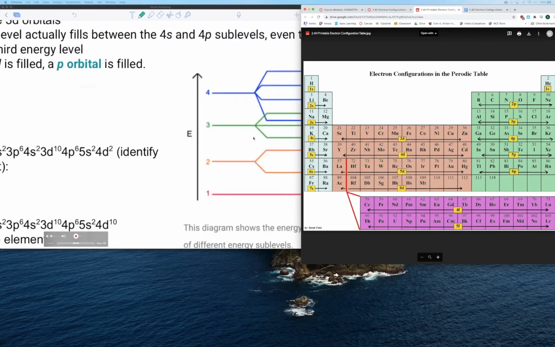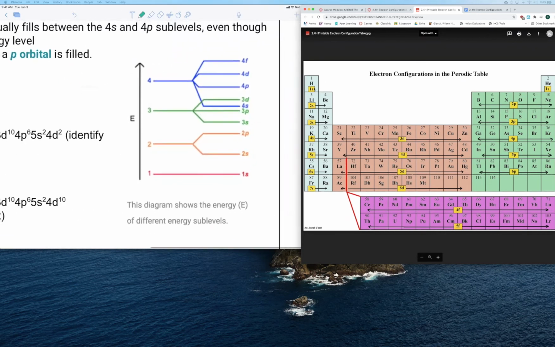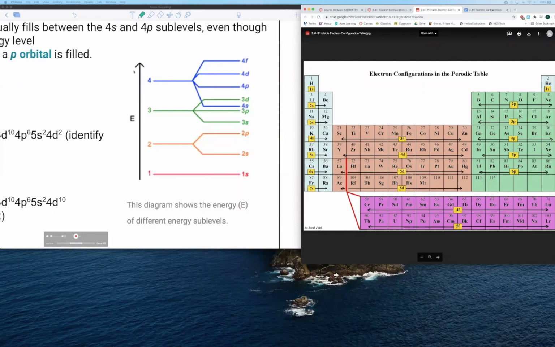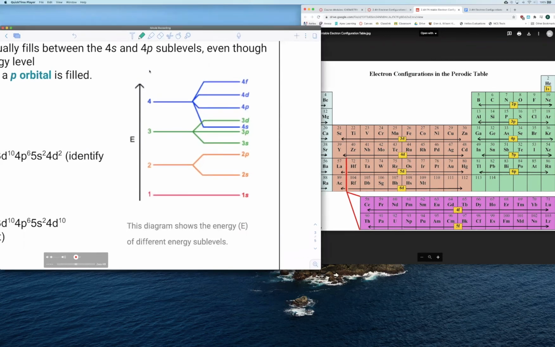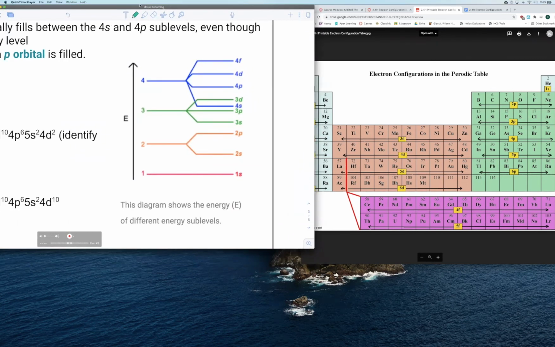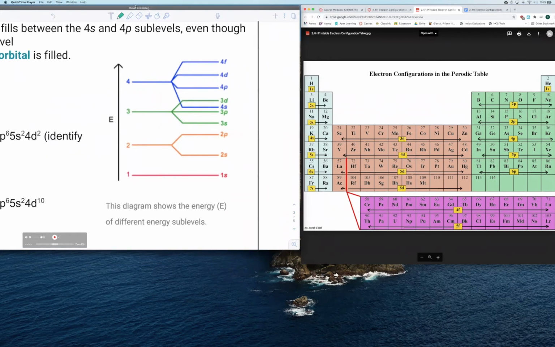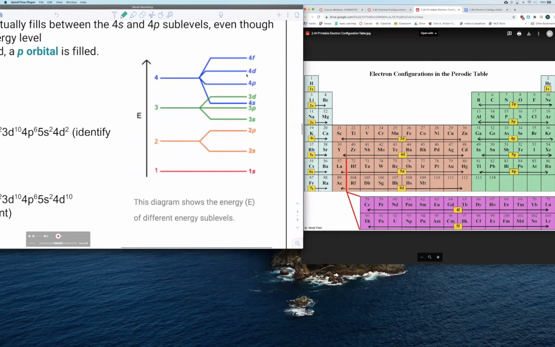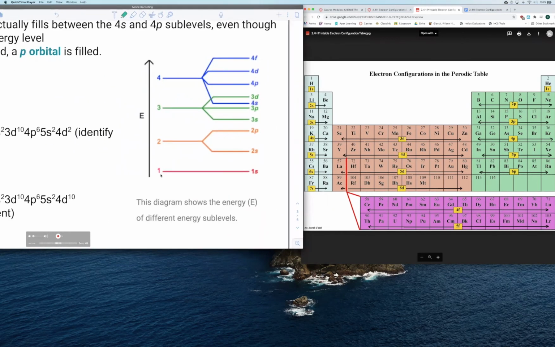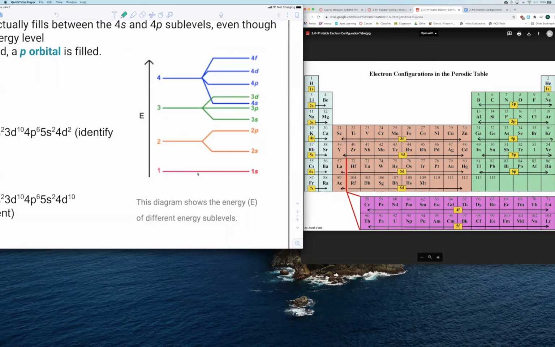The reason is that these electron sublevels are written in order from lowest to highest energy. If you look at this chart, highest energy is at the top, lowest energy is at the bottom. Energy level 1 only has one sublevel, so 1s is at the lowest energy.